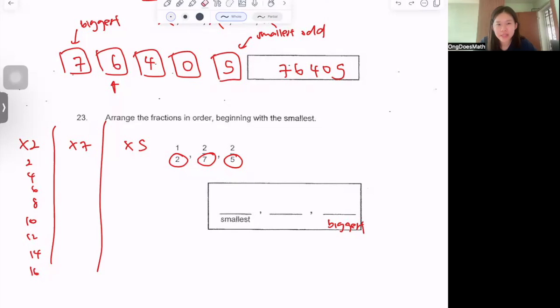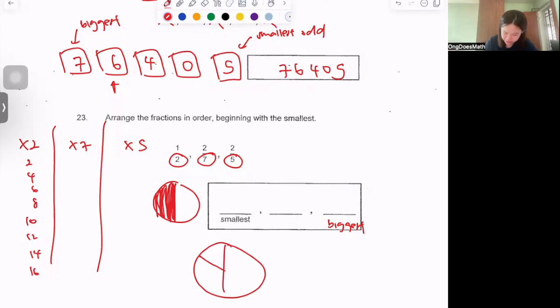So an alternative way is to think of it in terms of pizza. Half is like that. 2 out of 7 means you split it into 7 slices, then you take 2 slices of it. And 2 out of 5 means you split it into 5 slices and you take 2 of it.